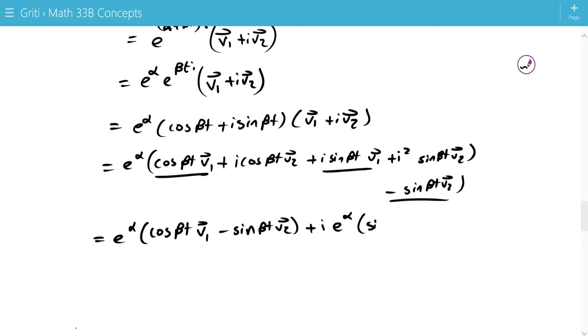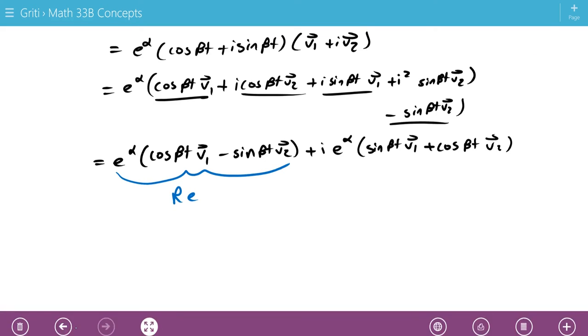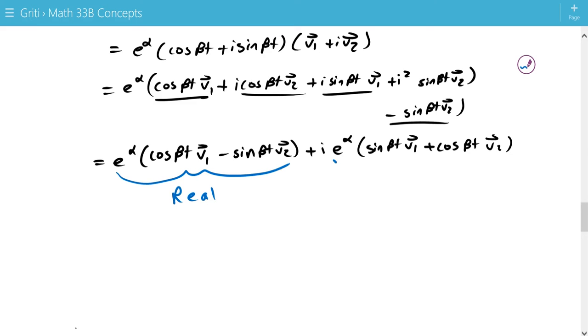This is sine beta t v1 plus this cosine beta t v2. So it turns out that we don't want imaginary numbers in our solutions, we just want a real solution. And it actually turns out that this real part by itself is a solution to the equation, and this imaginary part is also a solution to the equation.